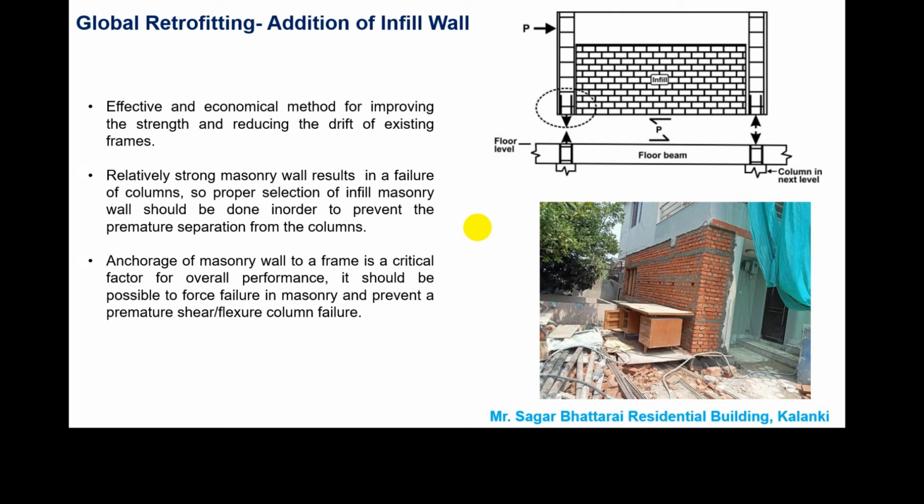It alters the response of the structure. So we should be very careful while adding masonry wall as a global retrofit scheme. And in my experience, the addition of infill masonry wall is not so preferred in the context of Nepal while doing any retrofit scheme.